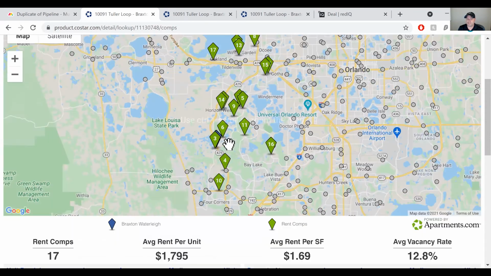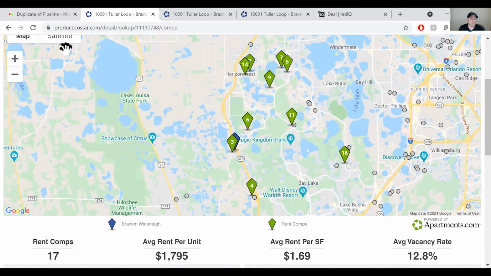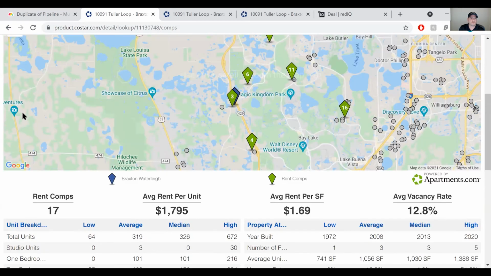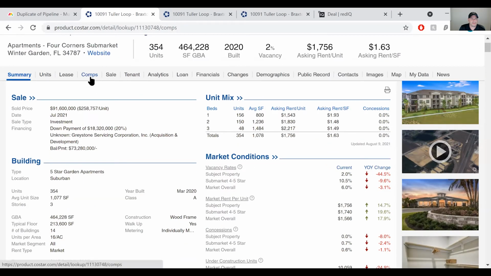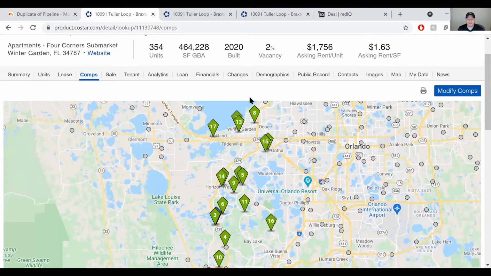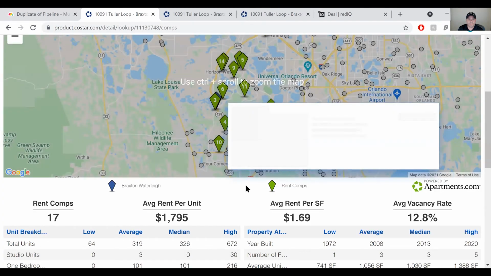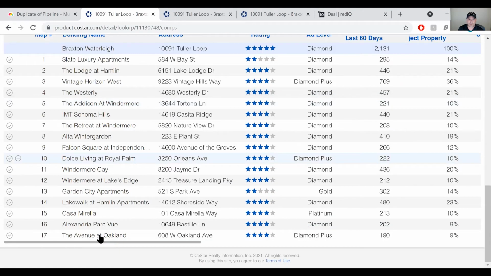If you go back to the homepage on CoStar for Braxton and go to comps, sorry, that's what you were on, rent comps. Then we can scroll down and look at what the average rents are and vacancy.